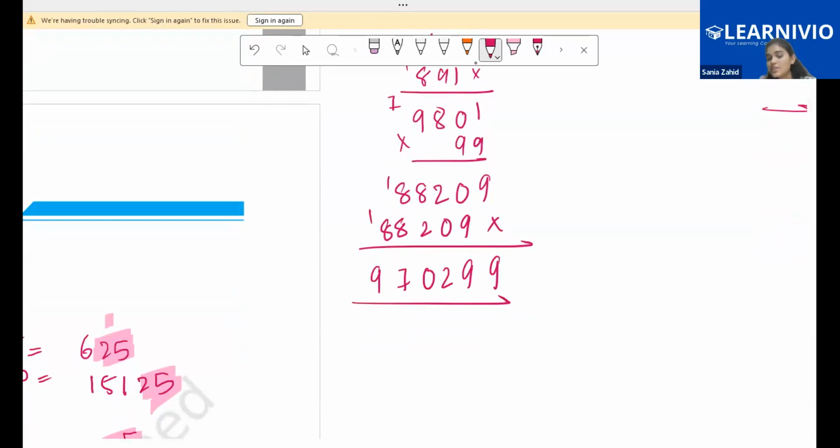So your answer is 970299. How many digits are there? 6. So what was the question?